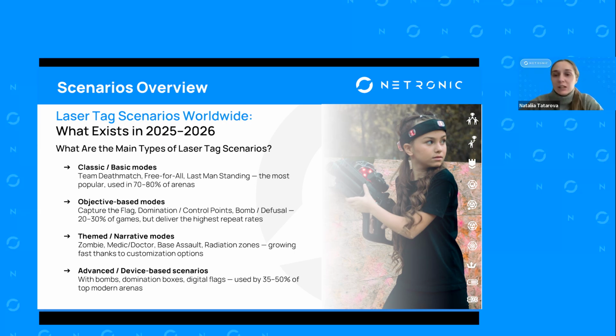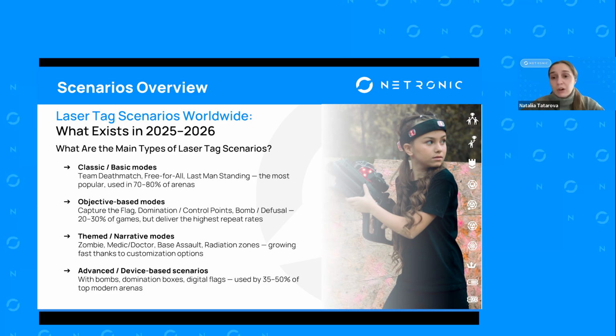First of all, we would like to emphasize the types of scenarios that you can run. The first one is basic scenarios. These are very well-known scenarios that you would see in lots of places, for example team deathmatch, where one team plays versus another team.